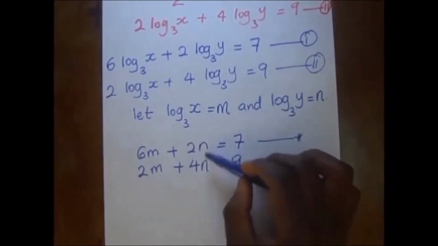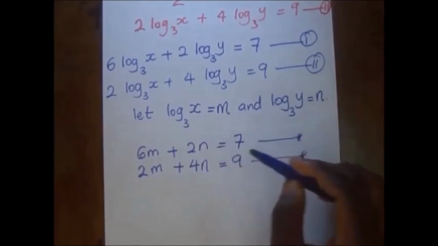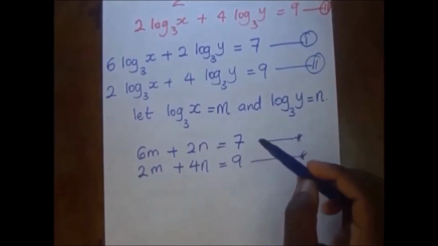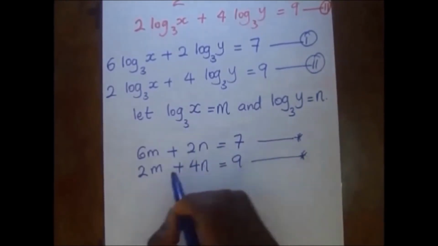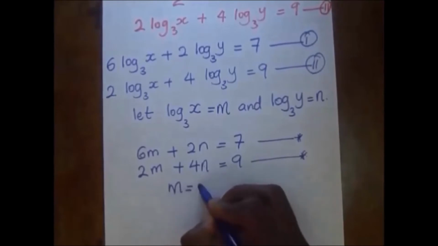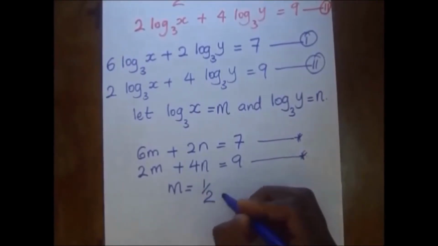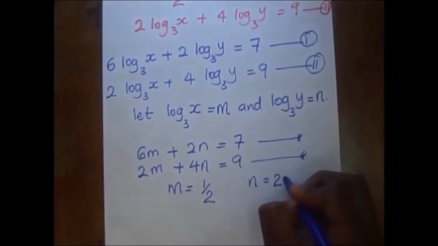So now we solve these two equations simultaneously. When we solve those two equations simultaneously, we shall end up with m equal to 1/2 and n equal to 2.